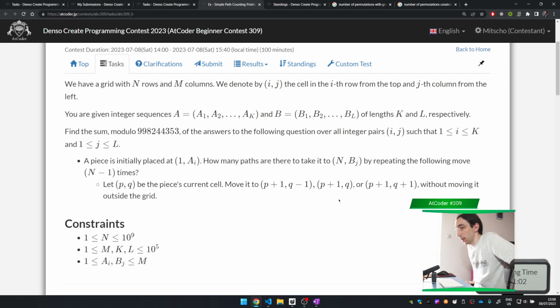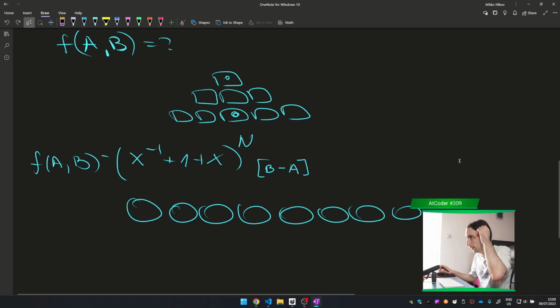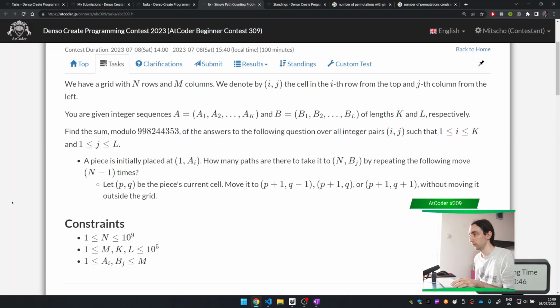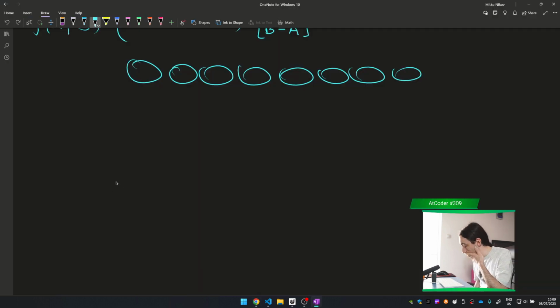Is this... no. So again, A and B are up to n. So I need the following.